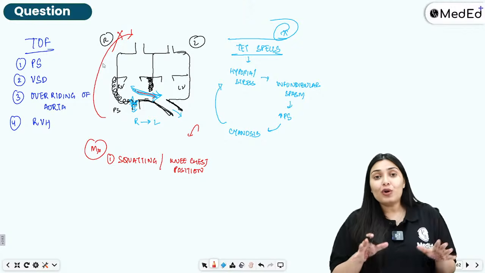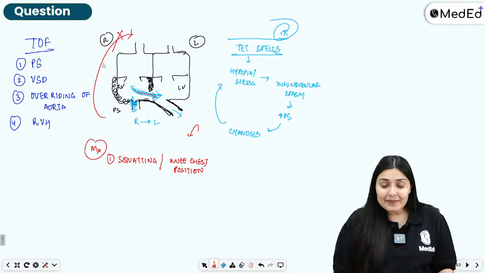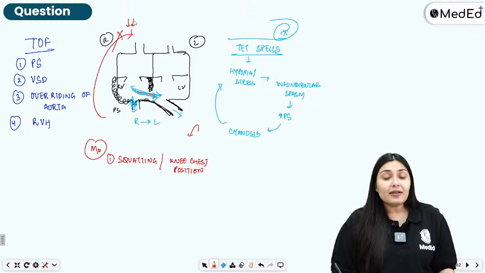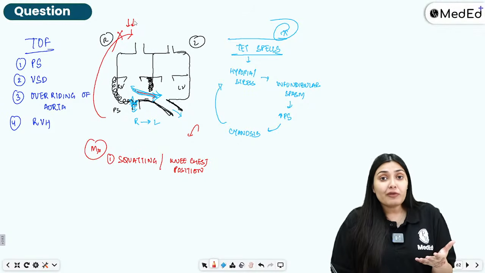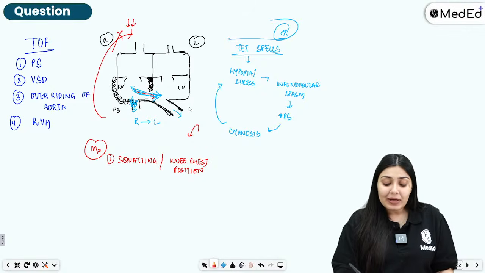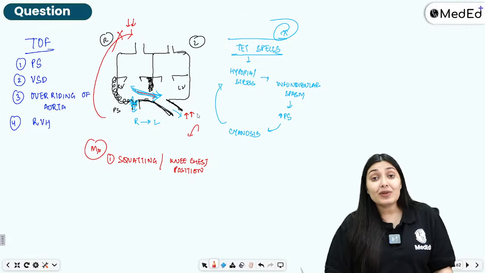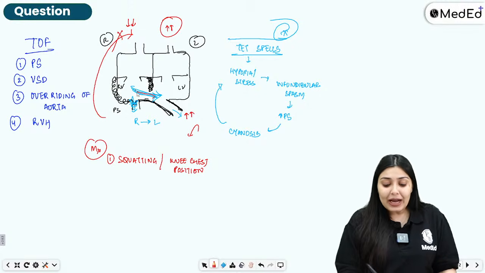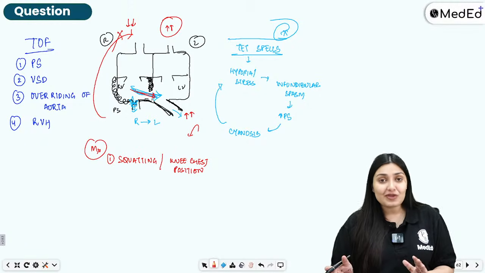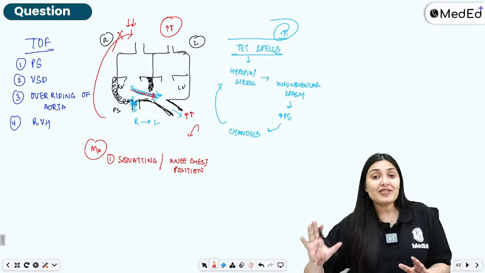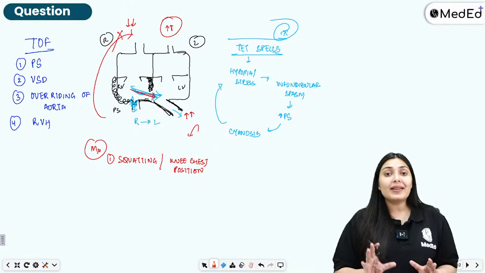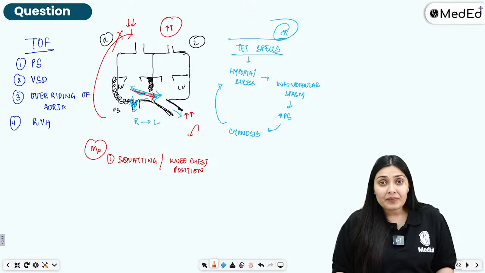That means the load on the right side will decrease, the right sided pressures will decrease. With the compression of the femoral arteries, the systemic vascular resistance will increase. That means my left sided pressures will increase. That will decrease my right to left shunting, because now the left sided pressures are more than the right sided pressures. So this will decrease the shunt and the cyanosis will disappear.